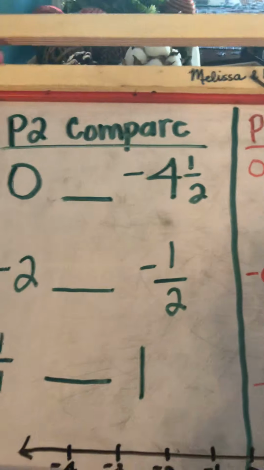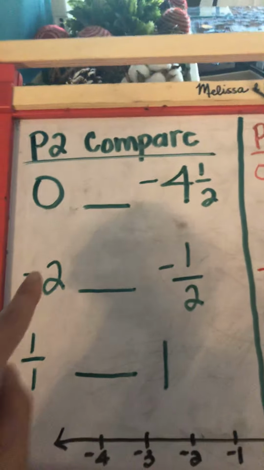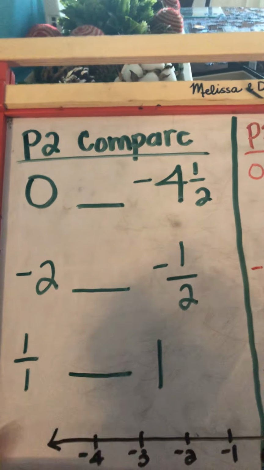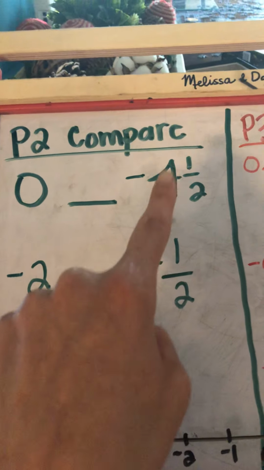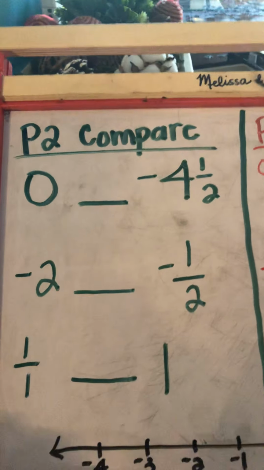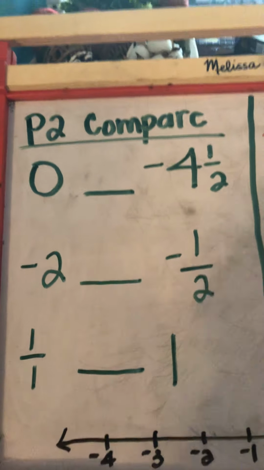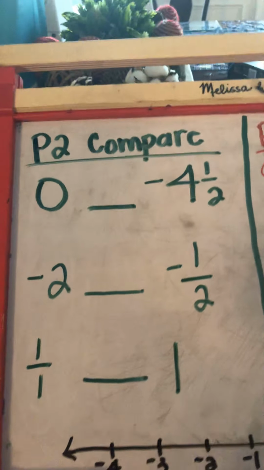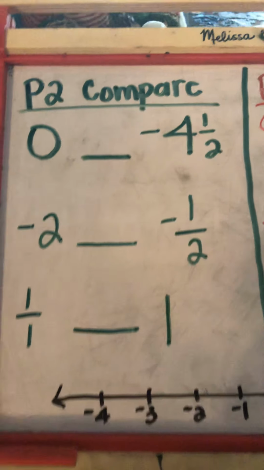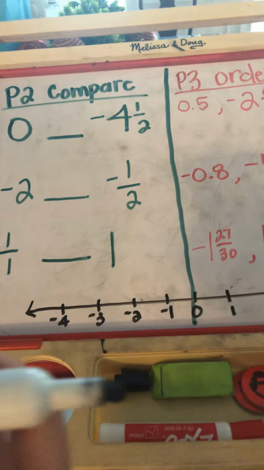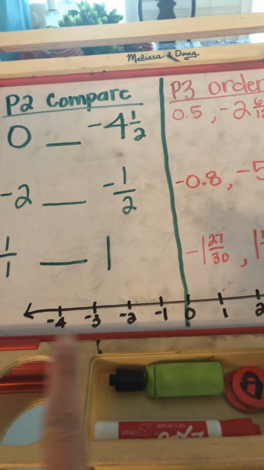Okay, so let's just start comparing these and do some examples. So I've got 0 and -4.5. So I want to know, and remember when I'm writing these, the alligator is eating the larger number. So if we look up here, the larger number is going to be on the right of the number line.